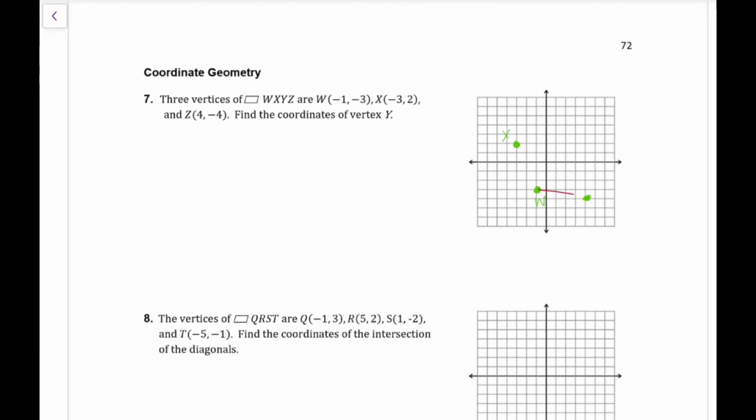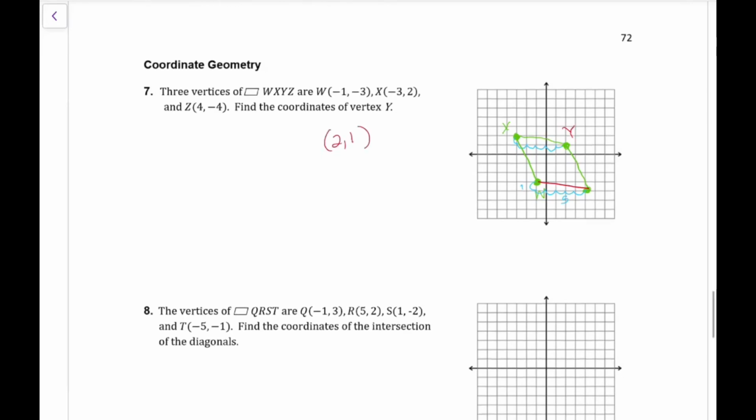So notice, look at W to Z, and it goes down 1 and over 5. So that's the slope, which is -1/5. So we want to find the slope of the top is going to be the same as the bottom. It's going to go down 1 and over 5 as well. So we have the point over 2, up 1.